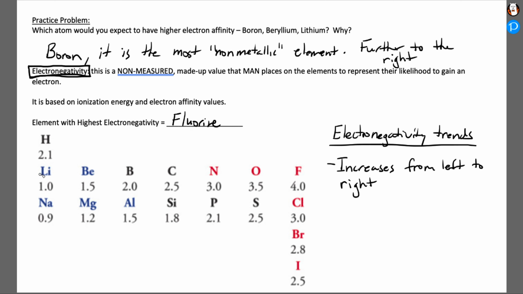So as I move from left and I go this way, those electronegativity values increase, and then those electronegativity values actually decrease as I move from top to bottom. So fluorine would be the most electronegative, and then whatever element is in this bottom corner down here would be the least electronegative. Okay, so those are the trends you want to keep in mind with electronegativity.